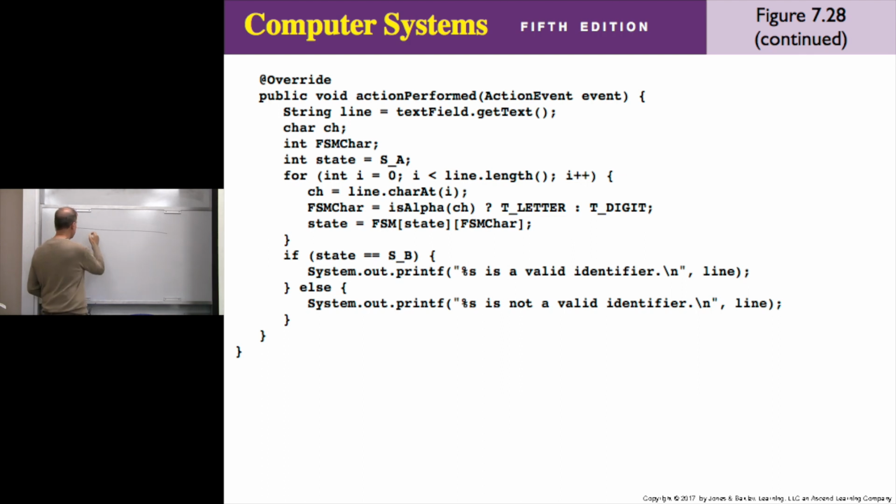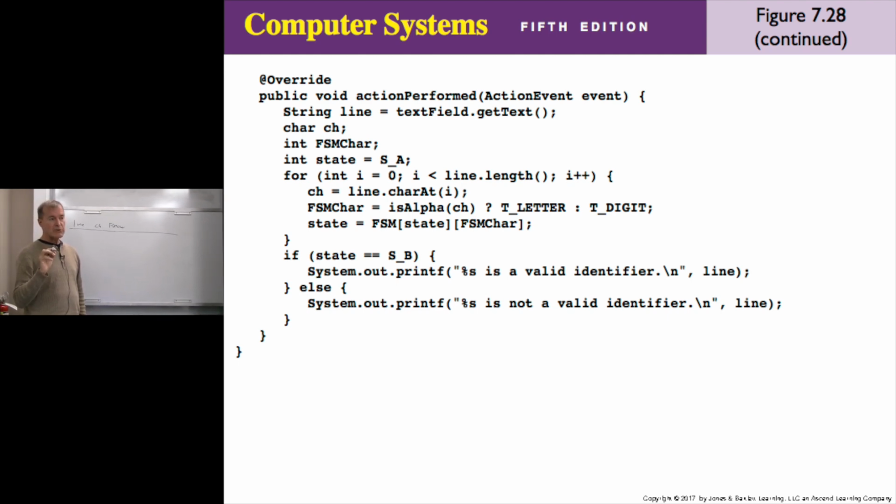And what else do we have? FSM char. And what else do we have? Now look at this. What else do we have? What's next? State. Now here, this is a key concept of all implementations of finite state machines. What we have is what's called the state variable.